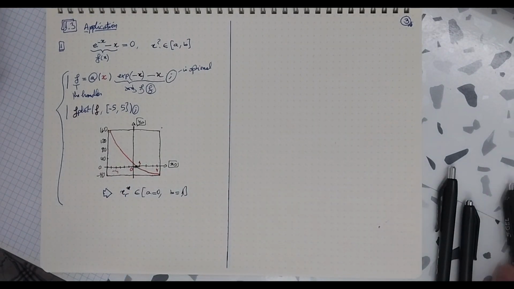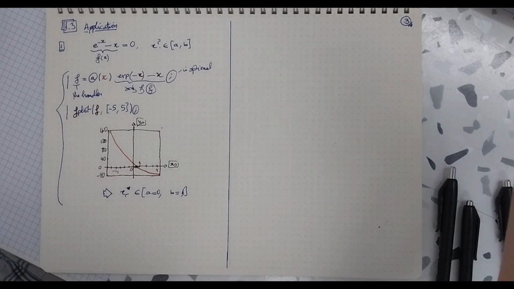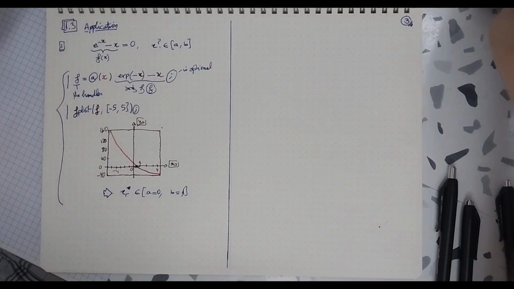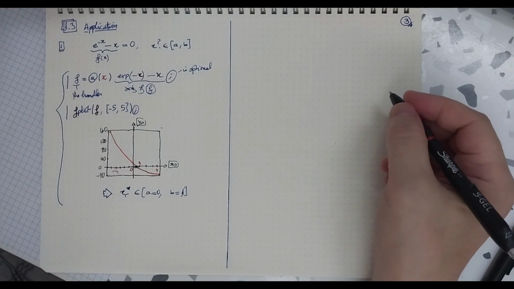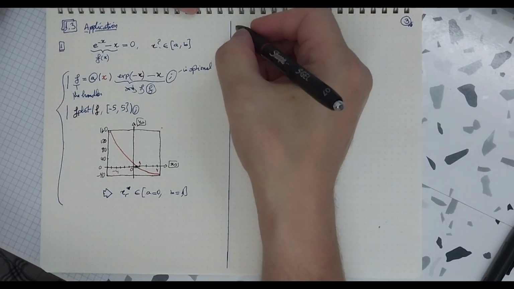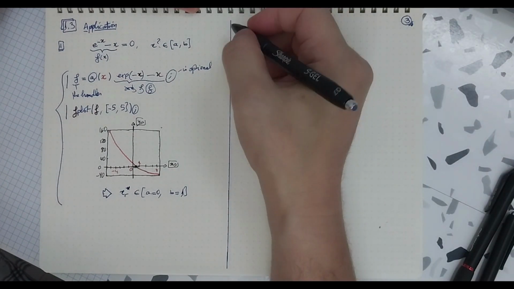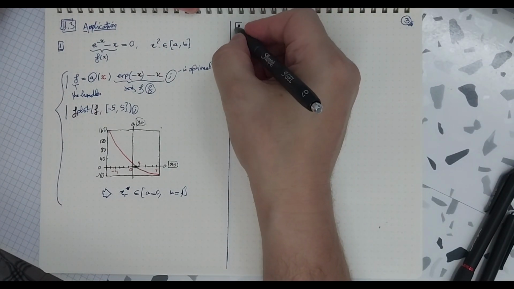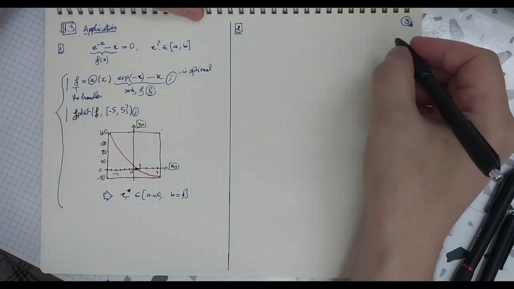Now let's check my notes. And we need a table. Second here, we need to draw a table. So we will apply the false position method through a table.